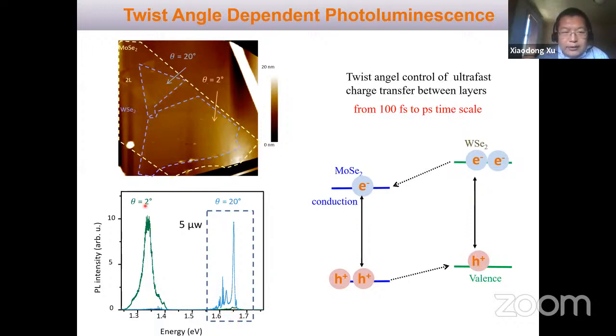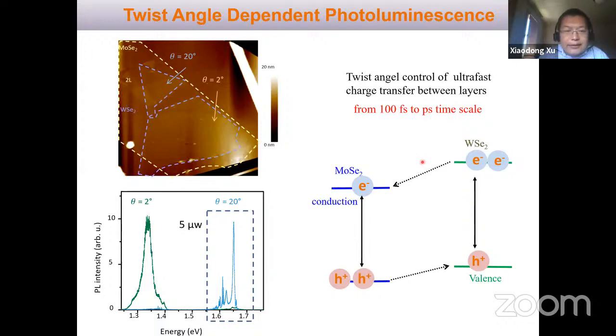That's happening in the 2 degree sample. But in the 20 degree sample, clearly, we can observe very strong intralayer exciton emission. So what it means is, in this case, the interlayer charge hopping rate is comparable to the electron hole recombination in the monolayers. Therefore, by tuning this twist angle, you can significantly tune the interlayer charge hopping rate.